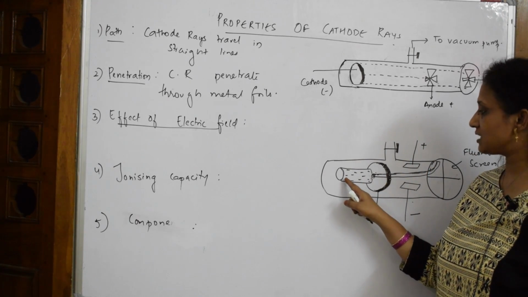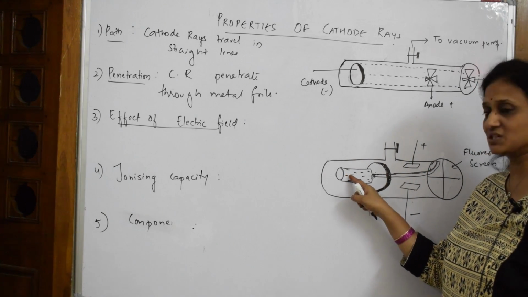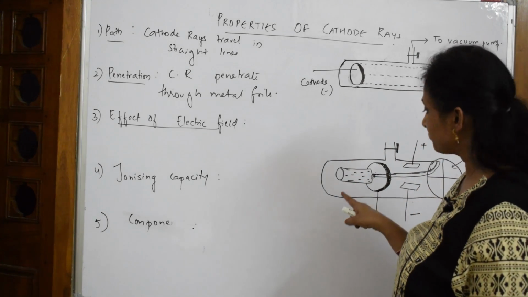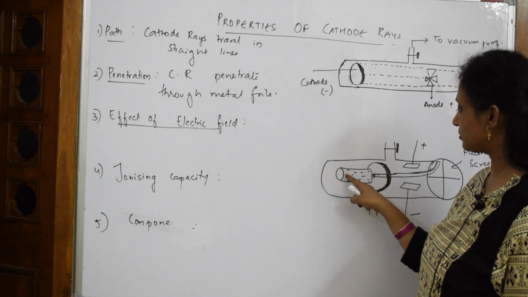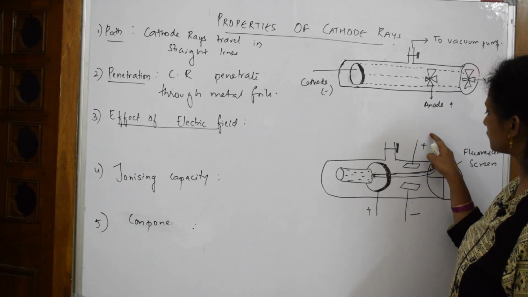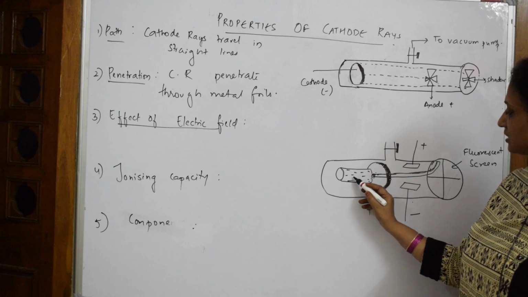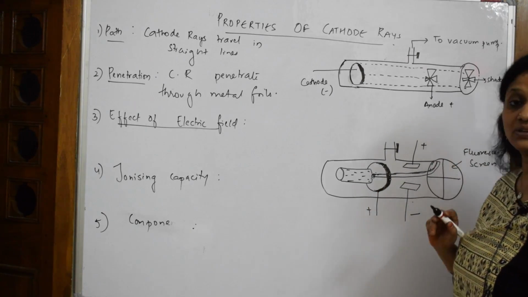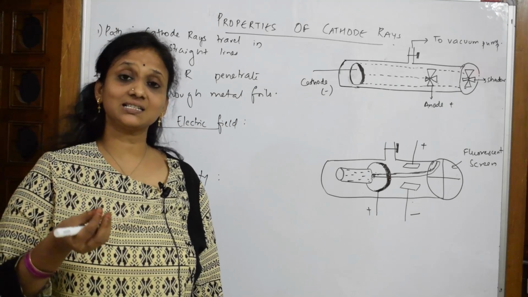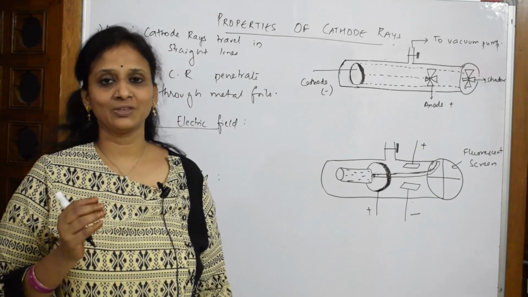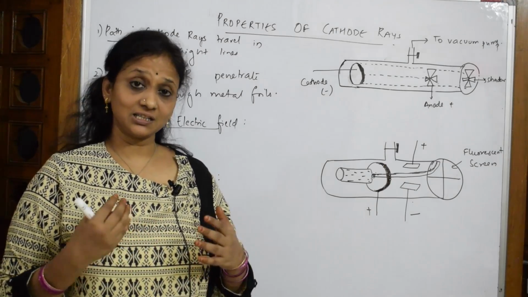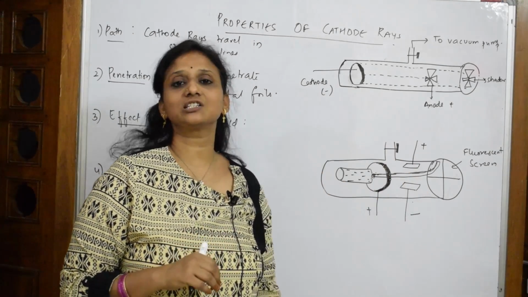When a certain voltage was created at low pressure, the cathode ray started traveling from the cathode and it was observed that the ray started bending towards the positive electrode. When something bends towards the positive electrode, what does it mean? It has negative particles in it. Obviously, positive and negative. This proves that the cathode ray has negatively charged particles.